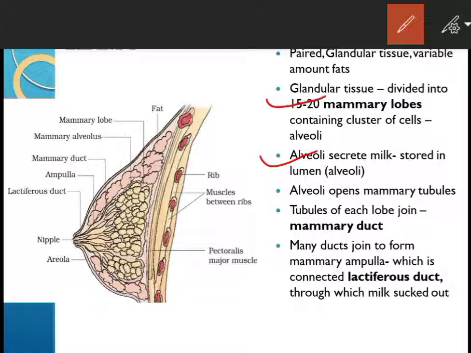The tubules of each lobe join to form mammary duct. Just under the nipples, the lactiferous ducts widen to form lactiferous sinuses to store milk during lactation. Several mammary ducts join to form a wider mammary ampulla which is connected to lactiferous duct through which milk is sucked out.